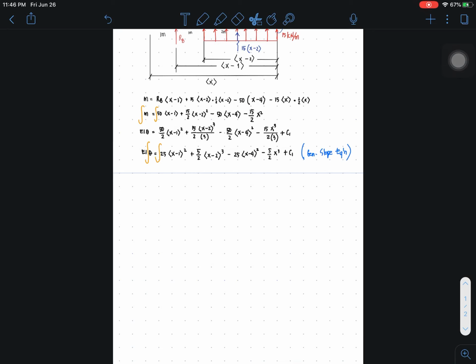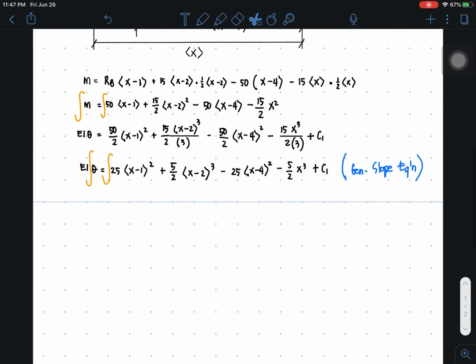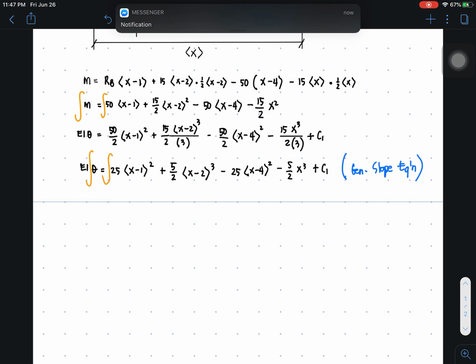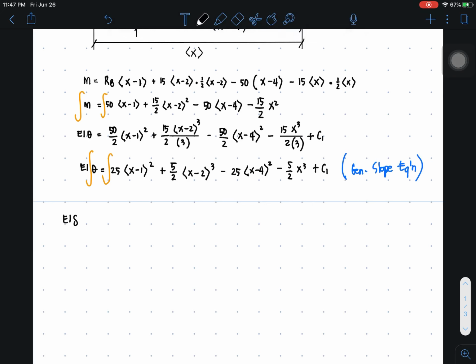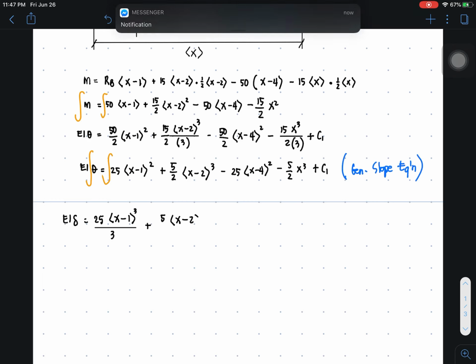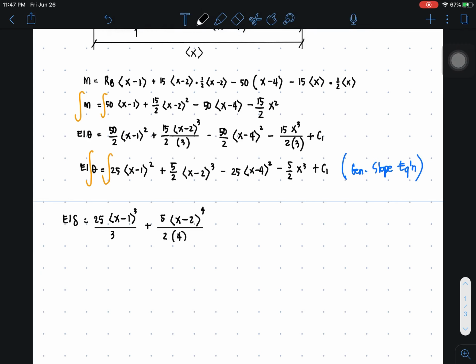So let us continue. Actually, we're now going to integrate the second or the slope equation para makuha ang deflection equation. So here, it's going to be EI of deflection, and that is equal to 25 x minus 1 squared. No, not x minus 1 squared. X minus 1 cubed over 3. Then plus 5 x minus 2 to the 4th power over 2 times 4.